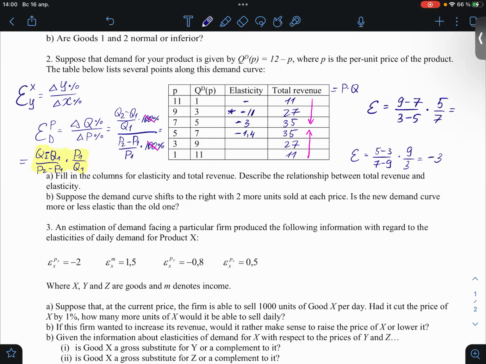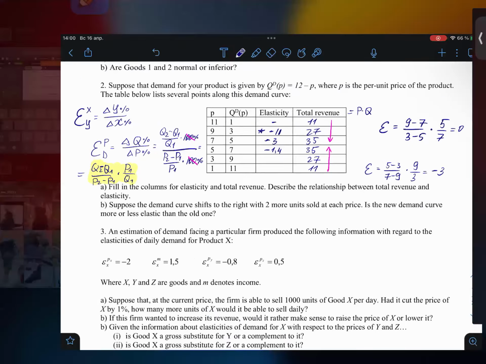And this is, let's count, 5 over 7. It is 0.7, minus 0.7.